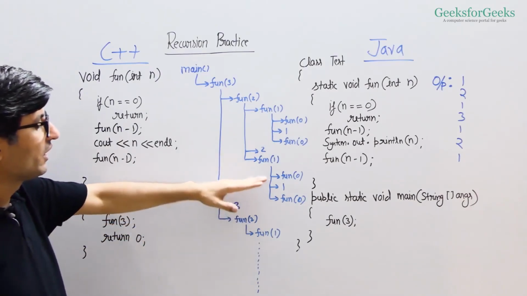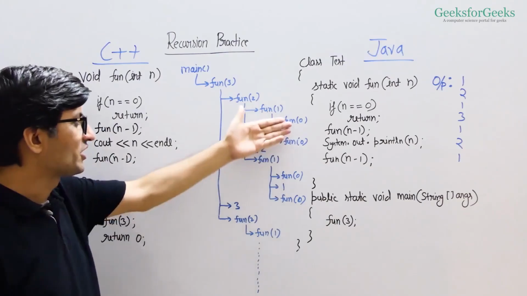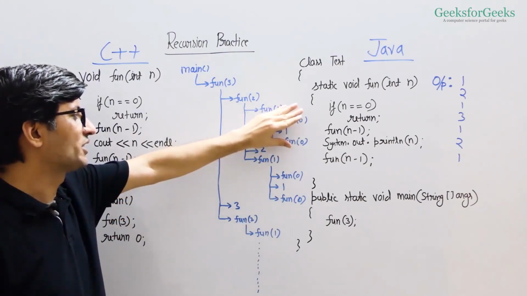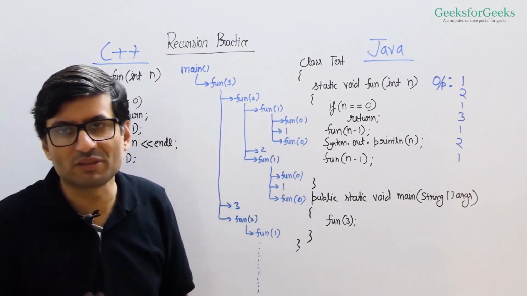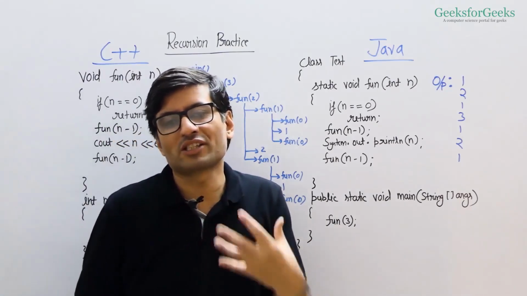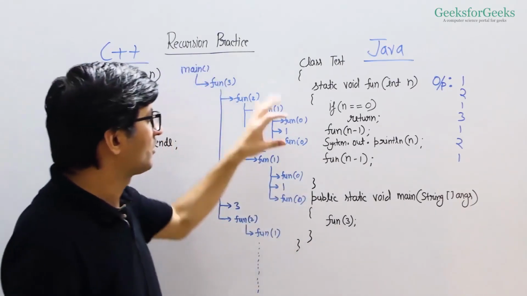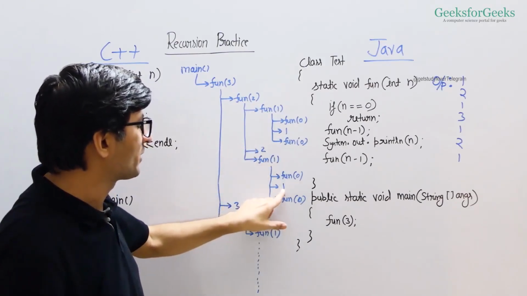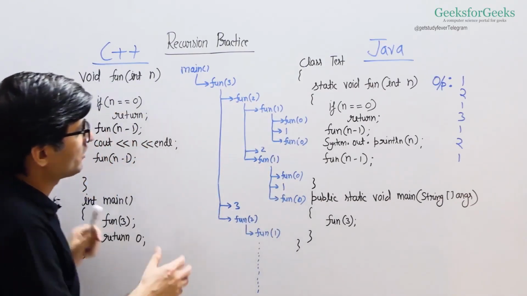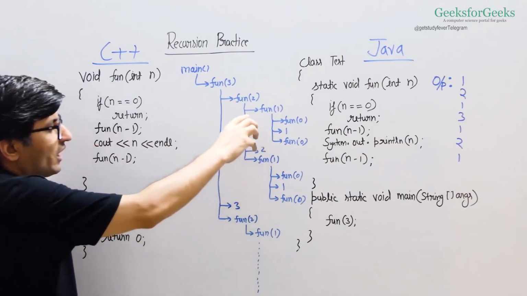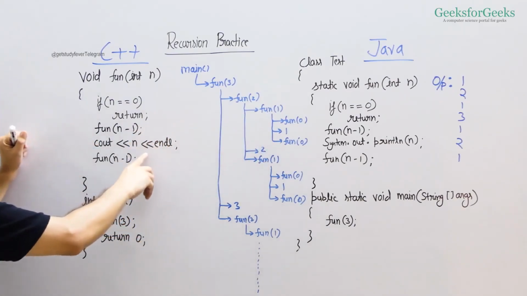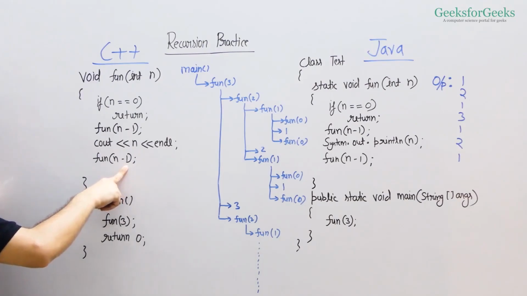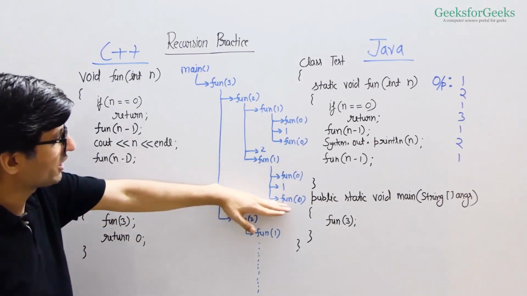And fun1 again executes the same way as it was executing earlier. It's the same function with the same parameters, so the execution flow is going to be the same for this and this. So it prints 1 on the screen. Now this fun2 has called fun1, printed 2, and again called fun1. So fun2 has finished after this line.